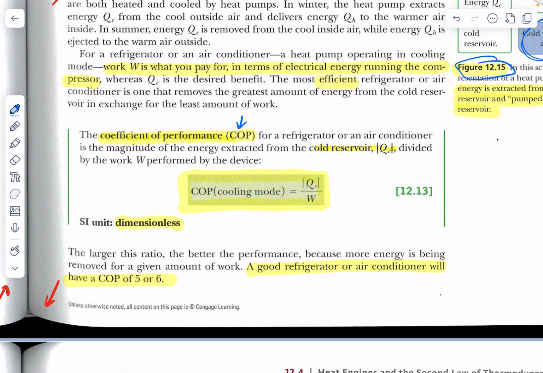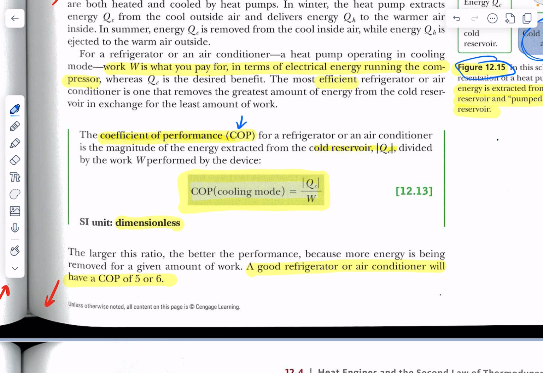And depending upon who you buy your air conditioning unit from, or your refrigerator, or your freezer, or the air conditioning unit of your car, or your heat pump from, different companies are going to have different coefficients of performance, and that might affect their price. And you have to decide just how efficient you want to be.